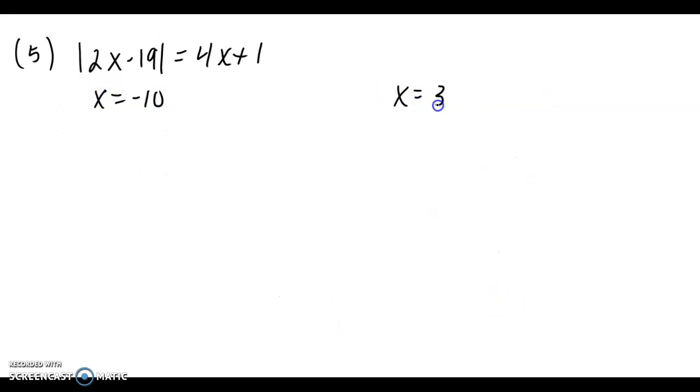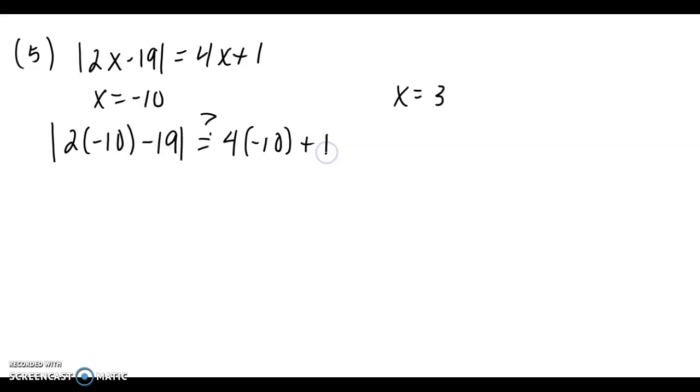Okay, so we have absolute value of 2x minus 19 equals 4x plus 1. And mathematically, we found x is equal to negative 10 and x is equal to 3. So I'm going to plug that in. Absolute value of 2 times negative 10 minus 19. Is that equal to 4 times negative 10 plus 1?